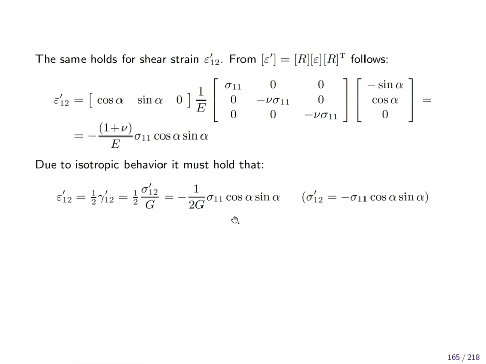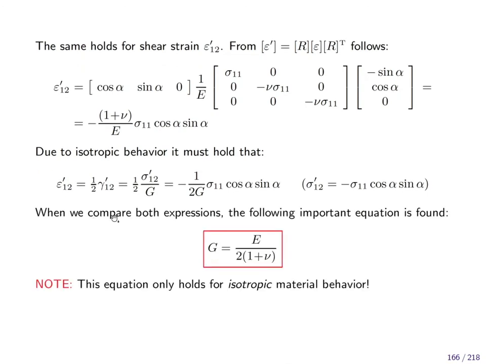So if we insert the shear stress in the new configuration, and we want to see the shear strain in the new configuration on the left-hand side also, then we can read off the relation between 1 plus nu and E here, and the 1/2 comes from the definition of strain, which is 1/2 different from the angle definition.